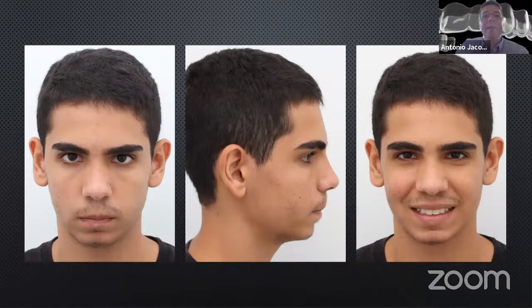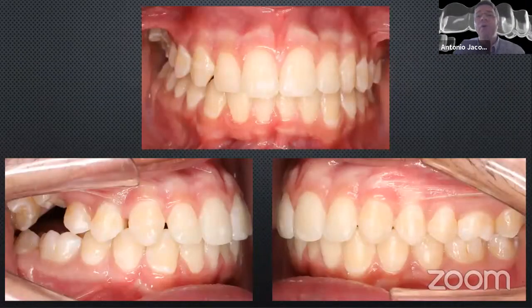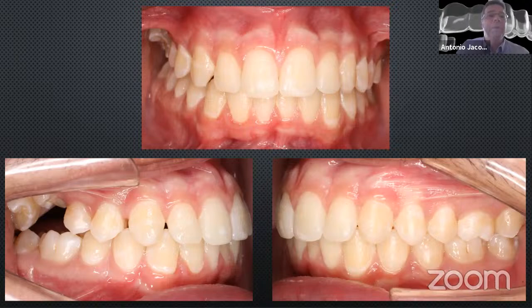And this is the last case here. I'll try to show a patient with an ankylosed first molar. He has a very nice occlusion on the left side, but a big problem on the right side, because it was an ankylosed first molar.